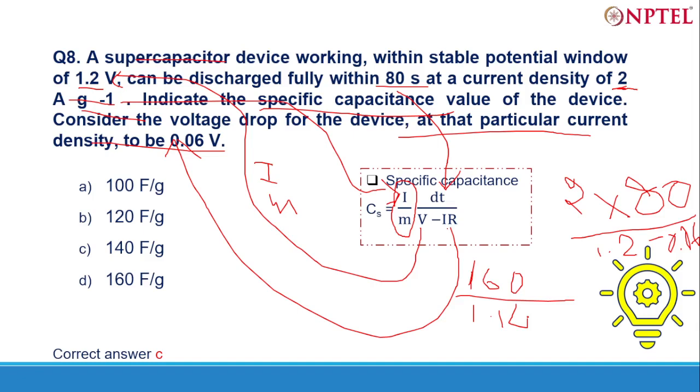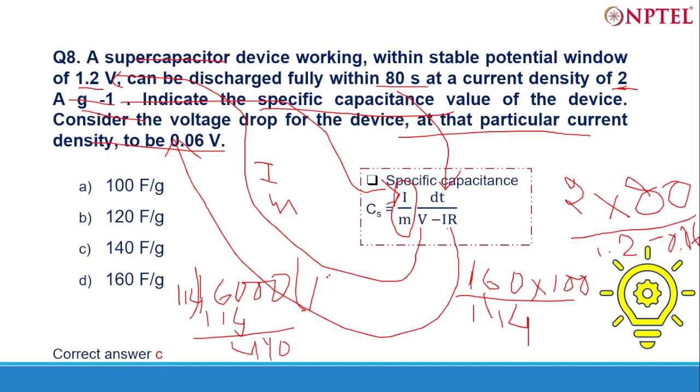So we have 160 divided by 1.14, which is 16,000 divided by 114. We get 114, then 440, then 4, and then 0.